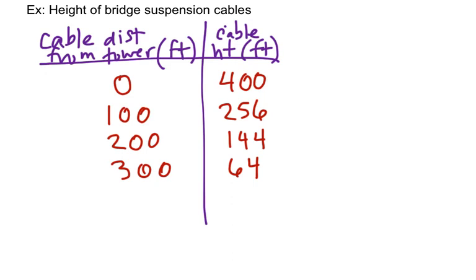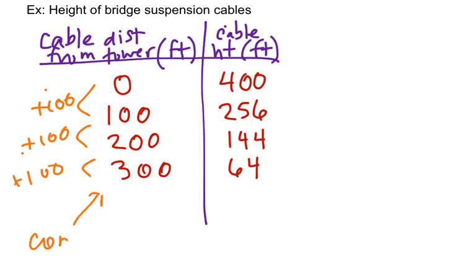So if we look at our x values, our input values, we want to see a constant increase. And we see that we have plus 100, plus 100, plus 100. So we've got a constant increase on our x values, or our input.